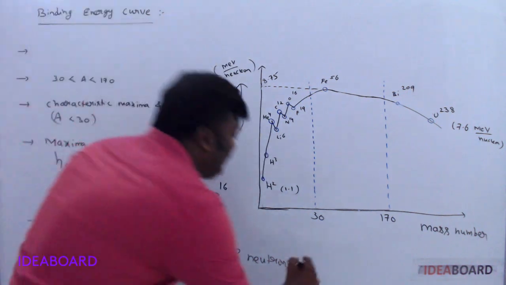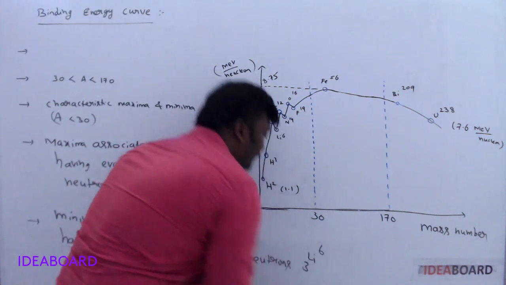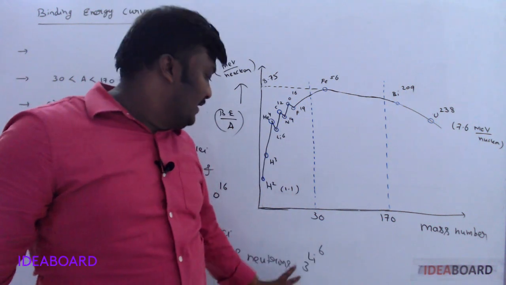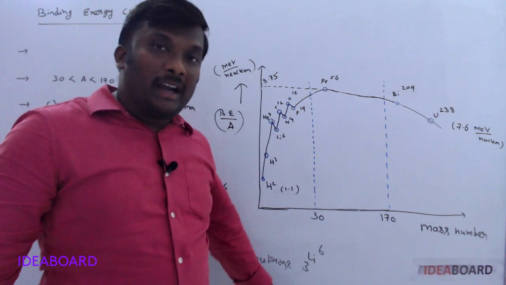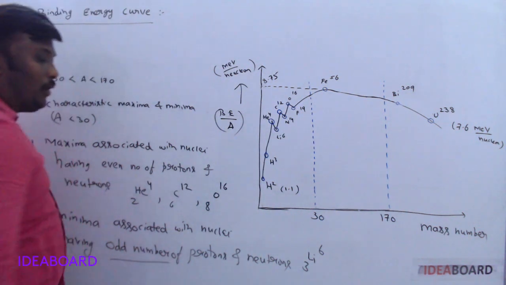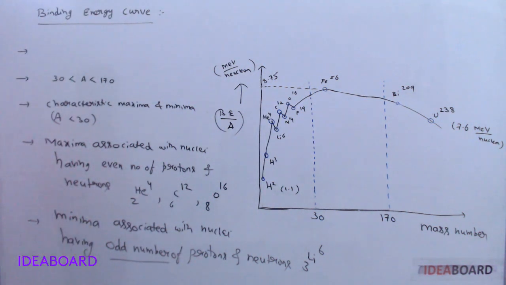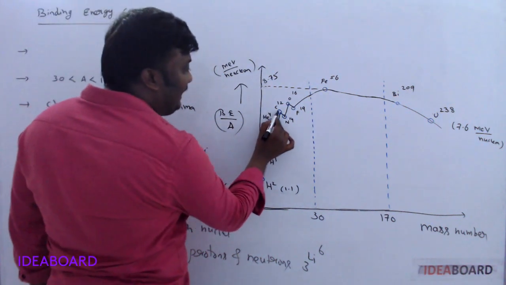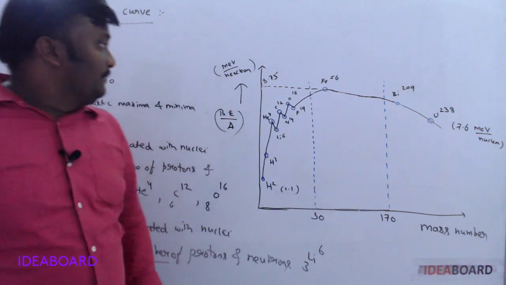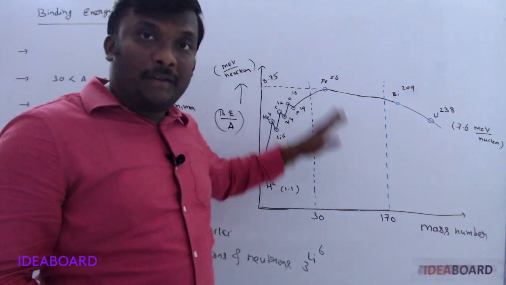Here, lithium 3 6 for example: 3 is the atomic number and 6 minus 3 is the number of neutrons. So 3 and 3, odd numbers. If they have an odd number of protons and neutrons, then minima are associated. So here maxima and here minima. Understand?